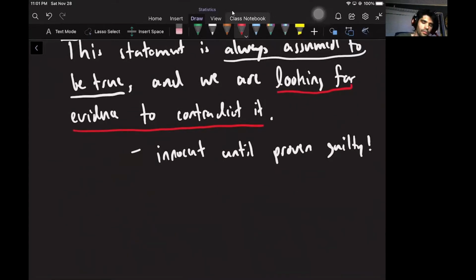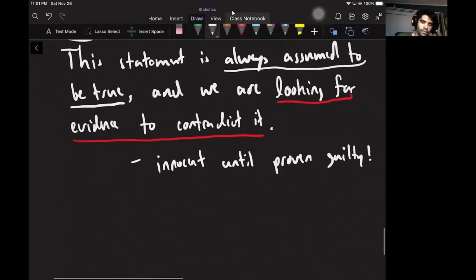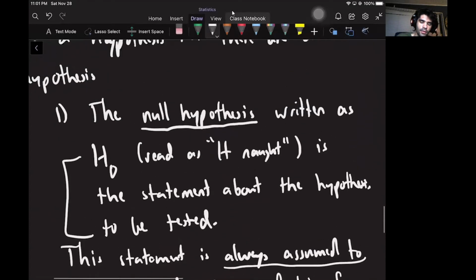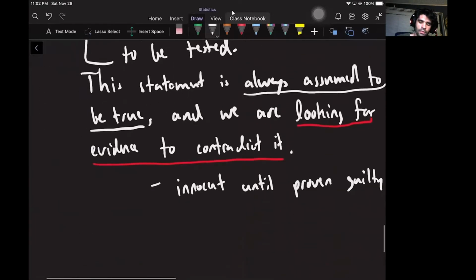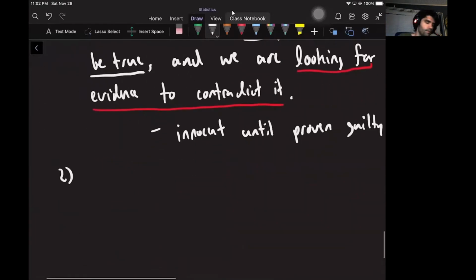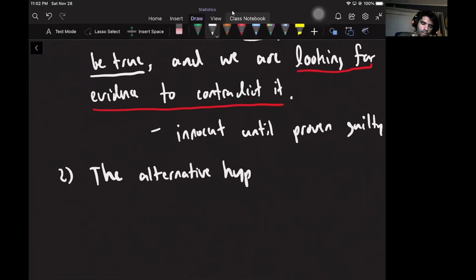And then what people do is they write this other hypothesis. This is the first hypothesis, and I said there's always two. The other one is cleverly named the alternative hypothesis. This is what you're trying to show is actually true instead.